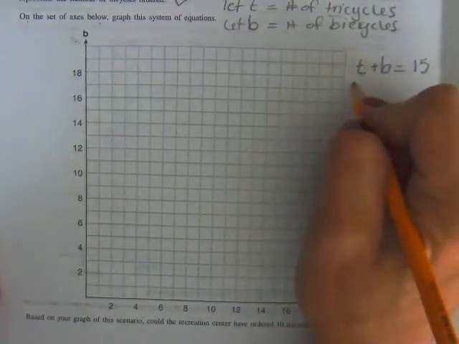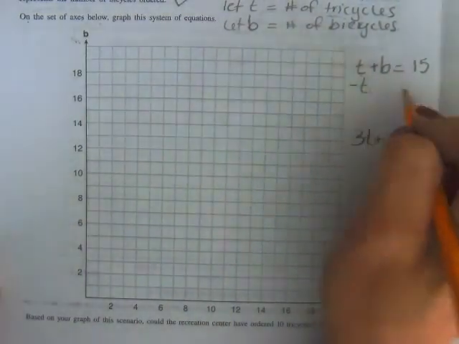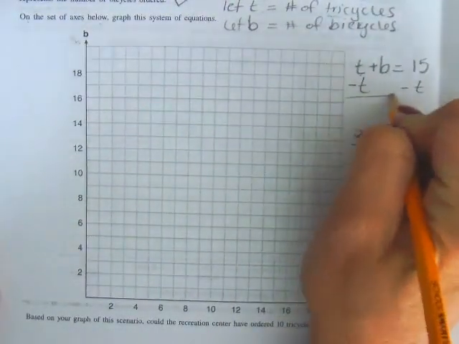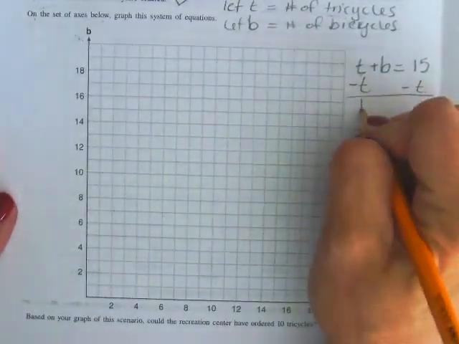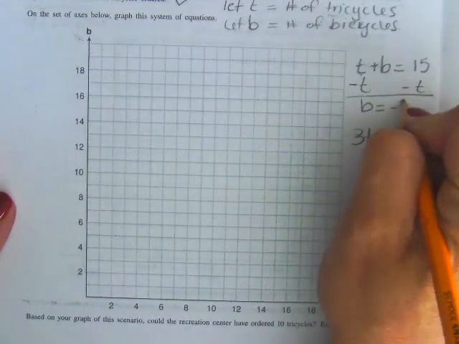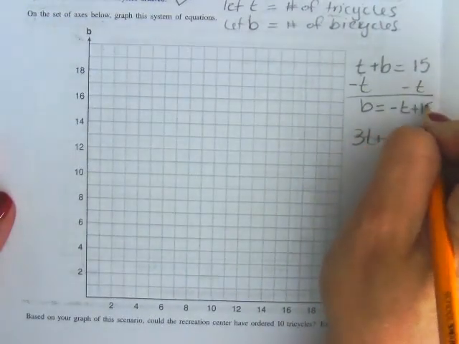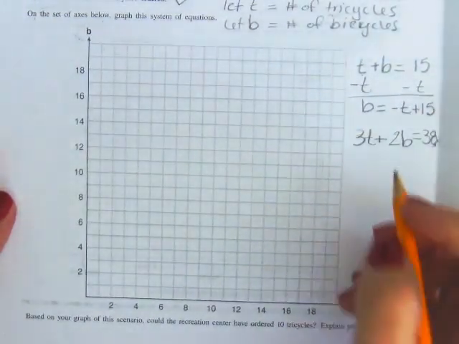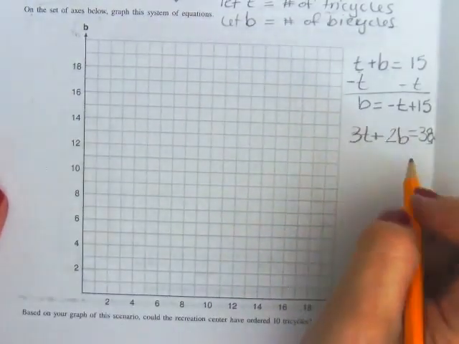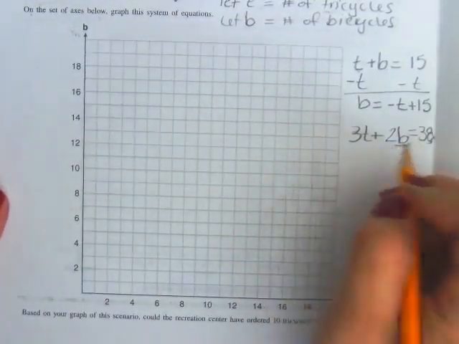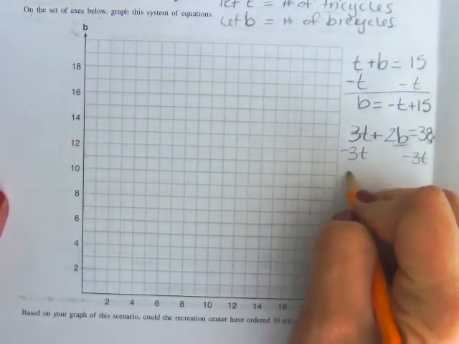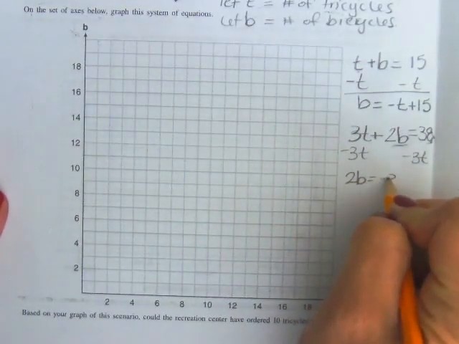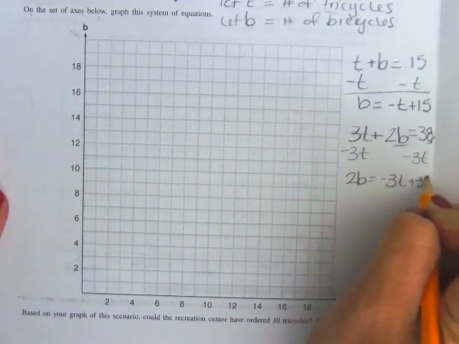To solve for y or b, I would have to move my t to the other side. I do that by using inverse operations, so I subtract it, and I get b equal to negative t plus 15. A little bit more work on this one, but again, I'm still solving for b, so I subtract 3t, and I have 2b equal to negative 3t plus 38.